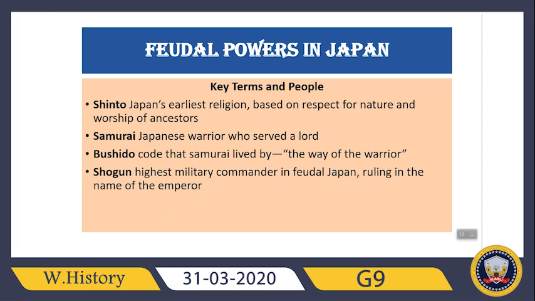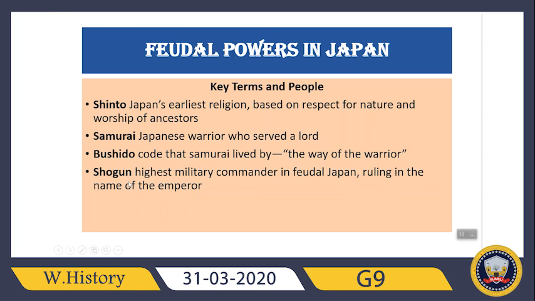Then we have Bushido. Bushido is a code for a warrior, for a Samurai. Here we said that Samurai was a Japanese warrior, so the code for this warrior, how he should lead his life, is called Bushido, the way of the warrior.